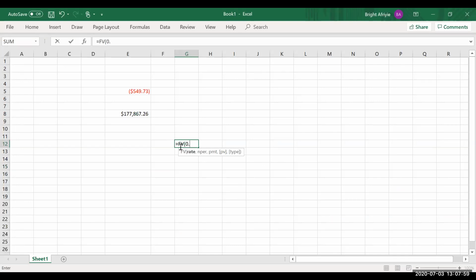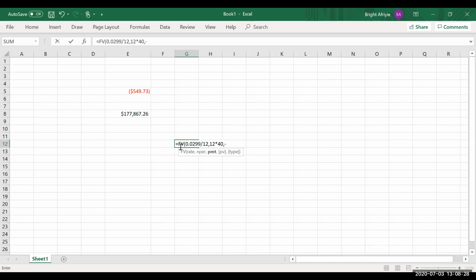So you have 0.0299, and you have to divide that by 12 to give you the monthly interest, right? And then the number of payments. Because it's for 40 years, and we are doing monthly contributions, we have to do 12, the number of months in a year, multiplied by the number of years, and that gives you the number of payments.